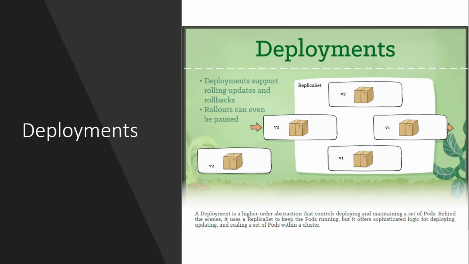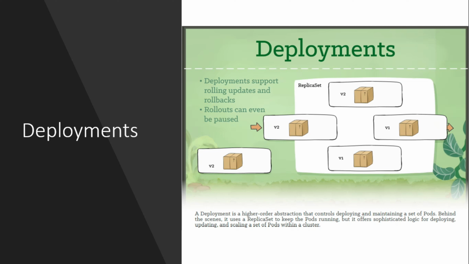Deployments. These deployments support rolling updates and rollbacks, and all of these can be managed and orchestrated in an efficient way with this deployment resource. Deployment is a higher order abstraction that controls deploying and maintaining a set of pods.